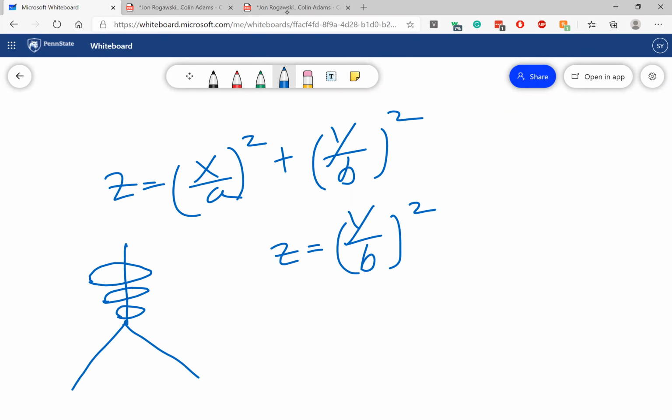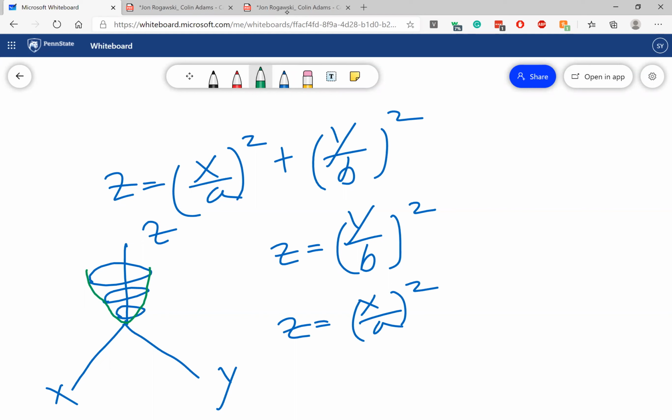So here's my x, y, z direction. In the y, z direction, you will have a parabola, because this is a parabola. Similarly, if I have z equal to x over a squared, this is also going to be a parabola in the zx direction.